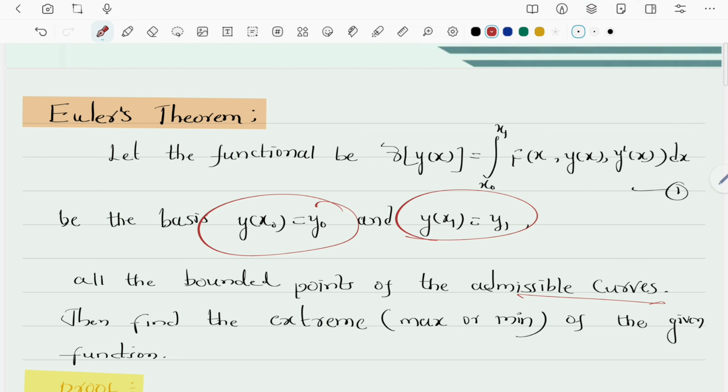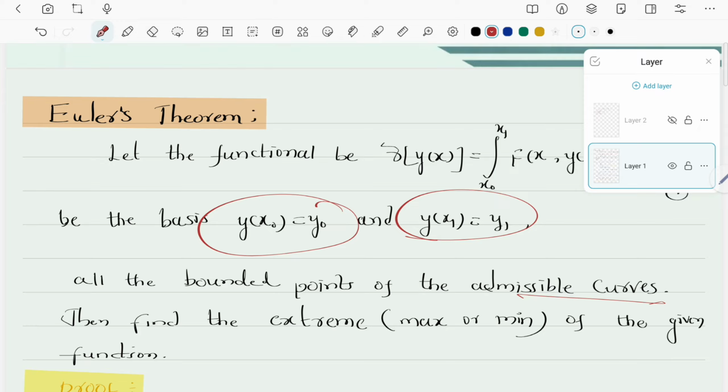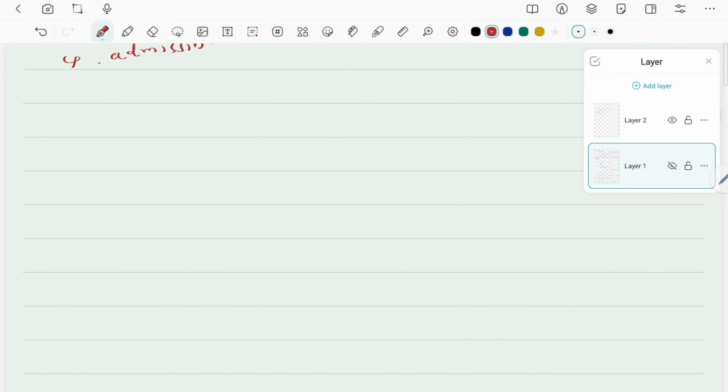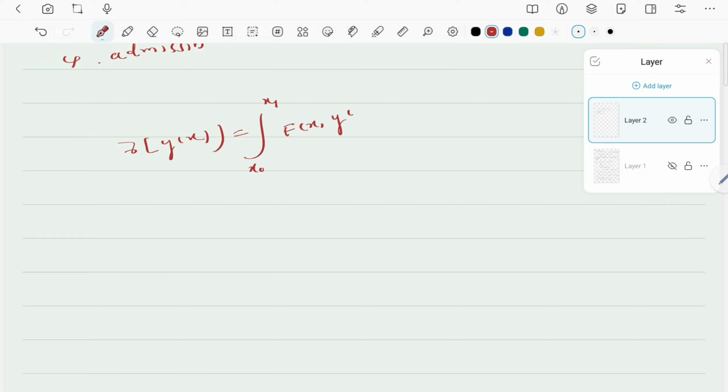First we see the overview of the given statement of Euler's theorem. Only the statement is given, and we only know one functional, that is gamma of y of x is equal to the integral from x naught to x1 of f of x comma y of x comma y dash of x into dx.